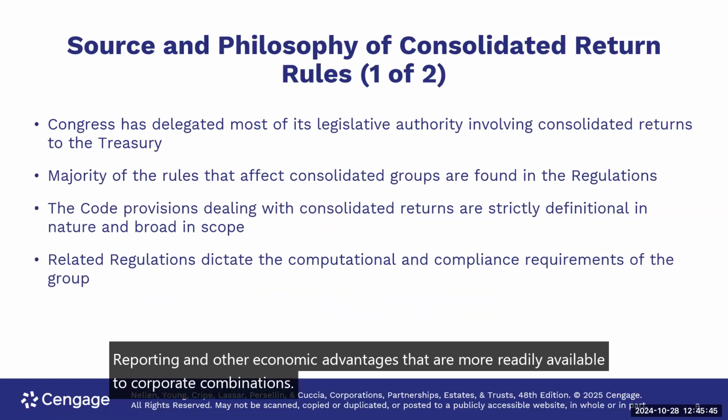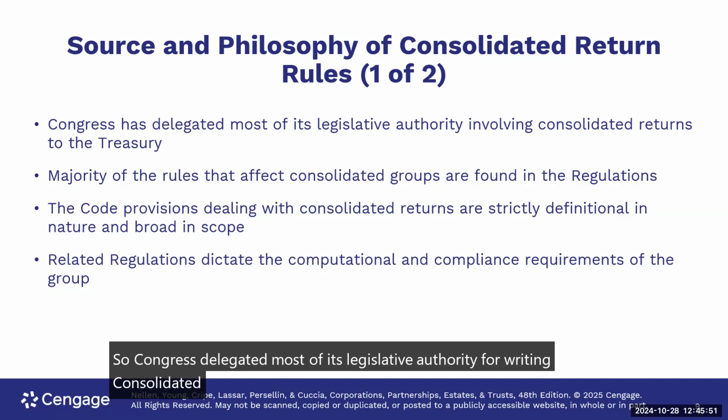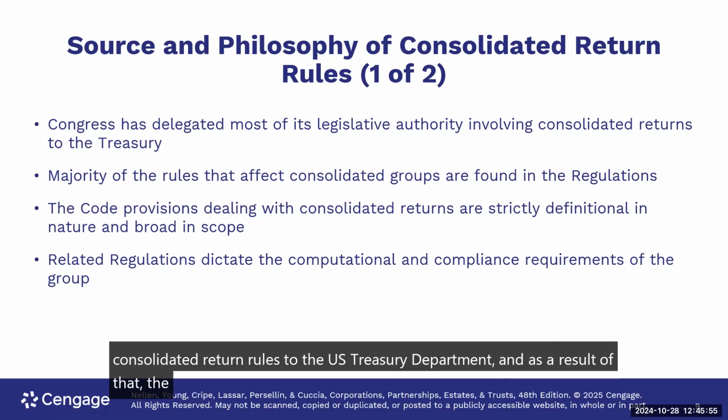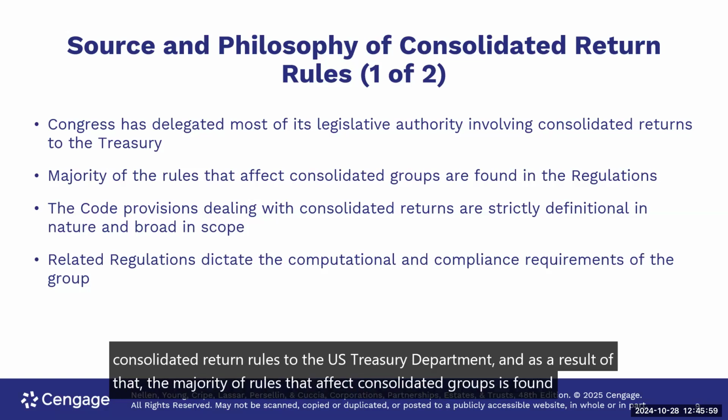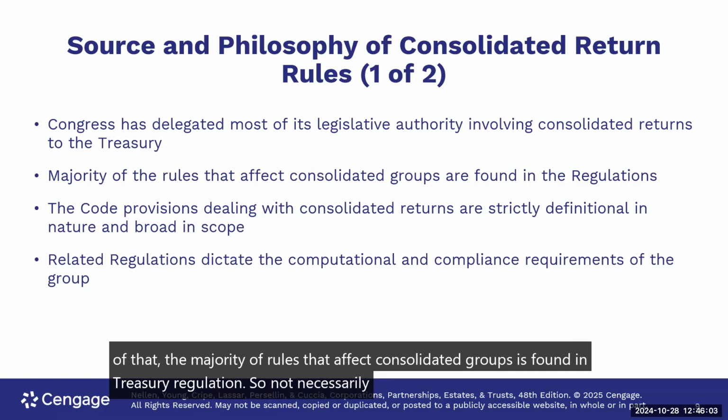So Congress delegated most of its legislative authority for writing consolidated return rules to the U.S. Treasury Department. As a result, the majority of rules that affect consolidated groups are found in Treasury regulations, not necessarily the Internal Revenue Code itself.